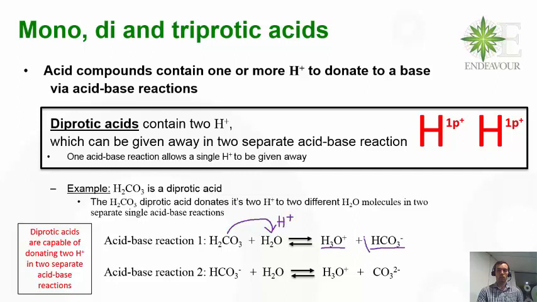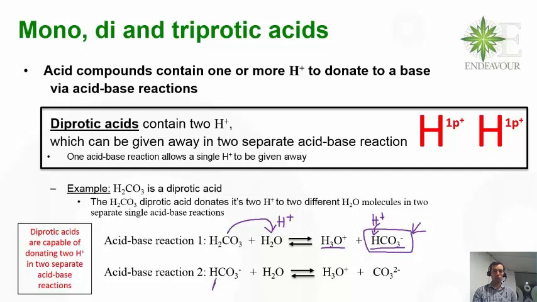So even when the acid is converted into the conjugate base in this case, it still has the capability of behaving like an acid in another acid-base reaction. And that is because it still has another H+. The hydrogen within HCO3- can be lost as an H+, and that's what we see in the second acid-base reaction here.